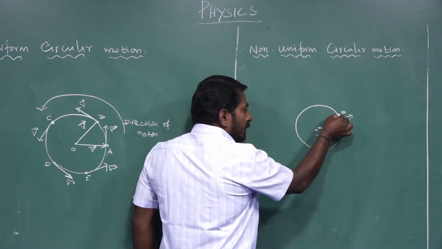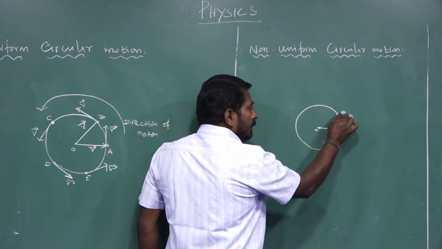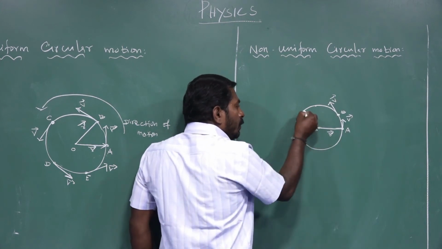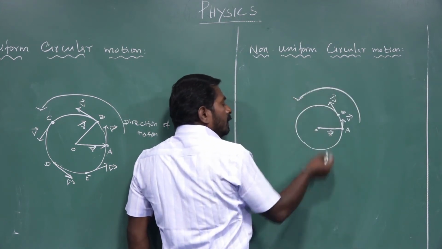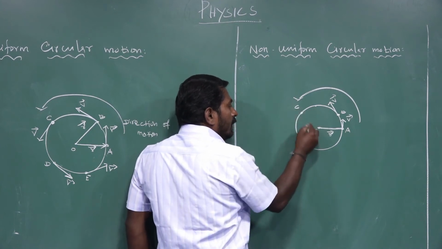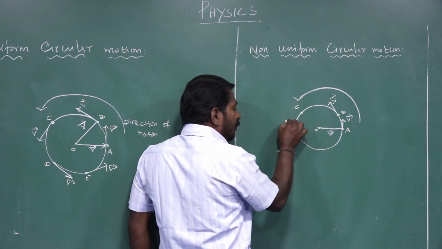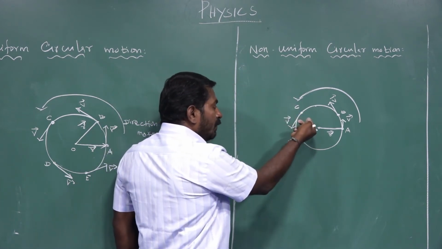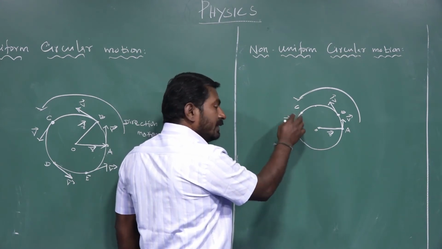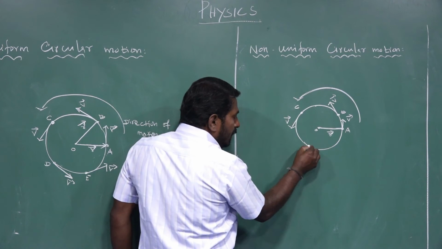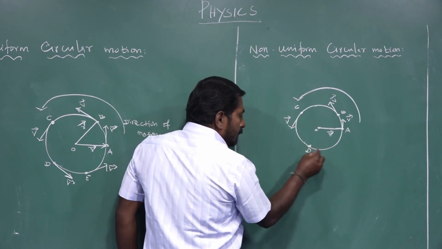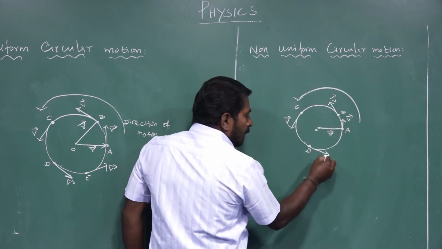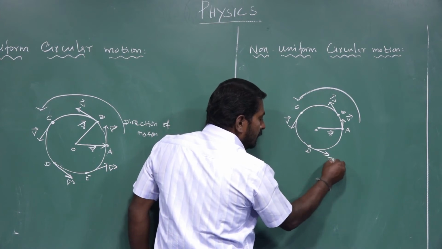If the same point object reaches point B with a different speed and a different direction, and then reaches point C with a different speed and different direction, then the direction of linear velocity is different and the magnitude of linear velocity at C is also different. If the same point object reaches point D, the magnitude of linear velocity is different from C, B and A, and the direction of linear velocity is also different.